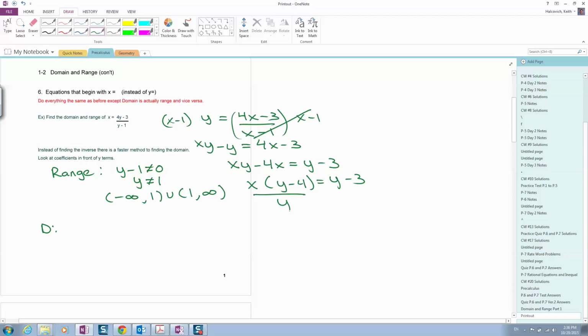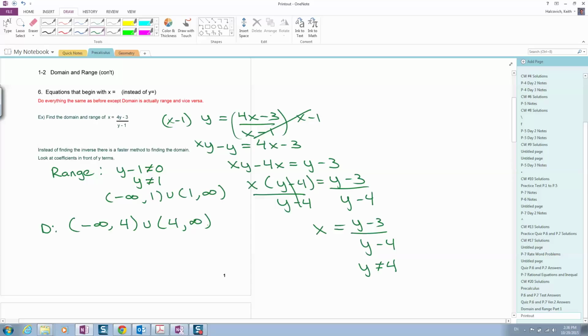Then I divide, and notice I would get x equals (y minus 3) over (y minus 4). So this would be the inverse, so I know y cannot equal 4. So that means the domain would be from negative infinity to 4 and 4 to infinity. So that's the process that we used before.